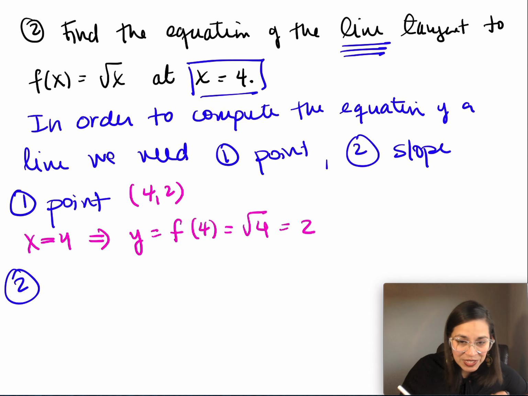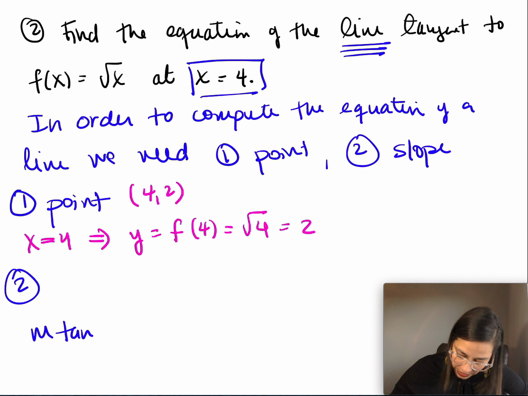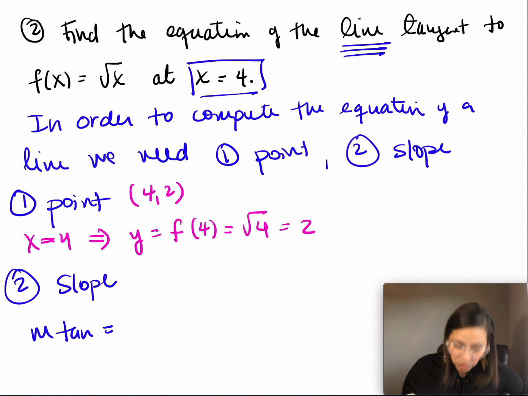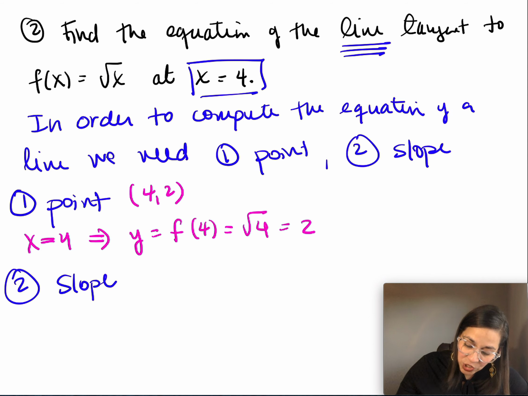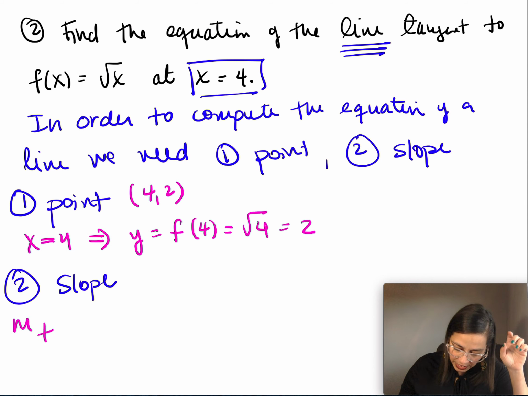Now I need the slope, okay? But it's the slope of the tangent line. So the slope of the tangent line is just the derivative evaluated. And the slope of the tangent line, by definition, is the derivative of the function evaluated at x equals 4 in this case, okay? So the slope of the tangent line is equal to f prime of 4.